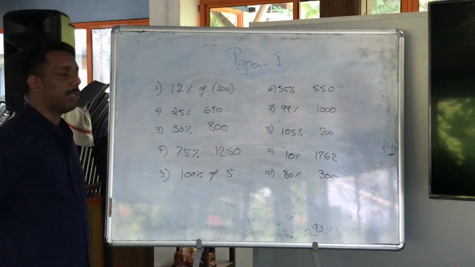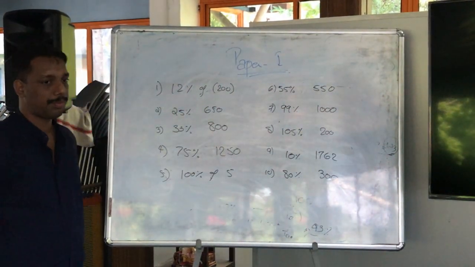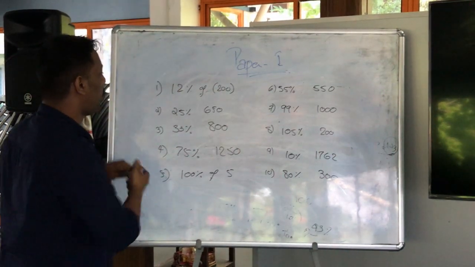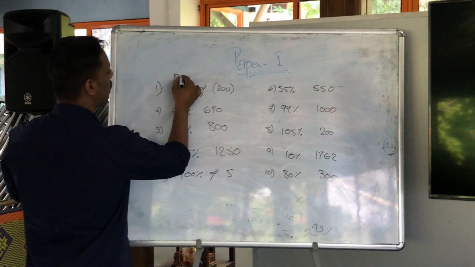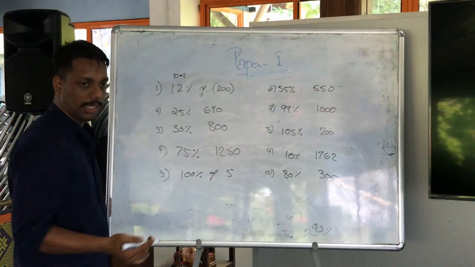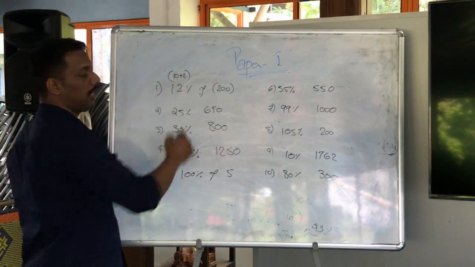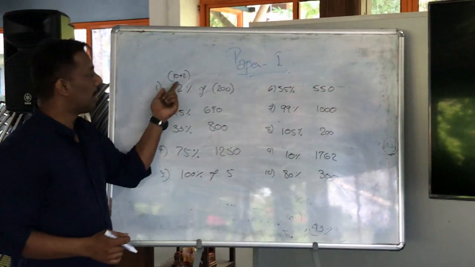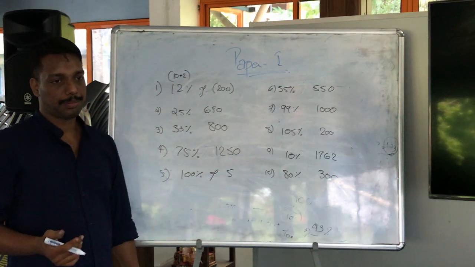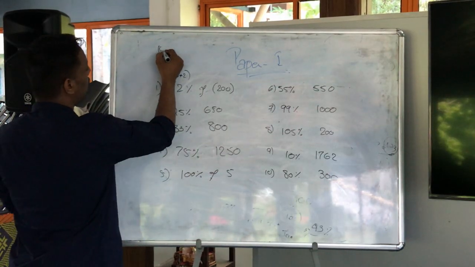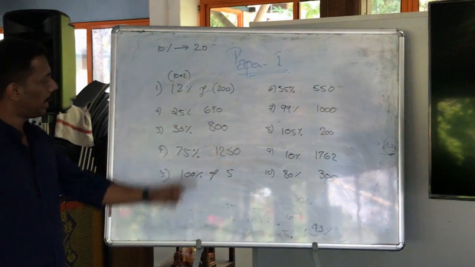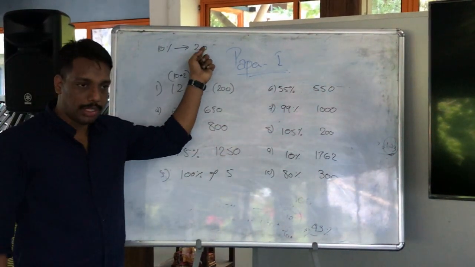How will you find 12 percentage of 200 first? You have to divide 12 percentage. It's nothing but 10 plus 2 percentage, right? What is 10 percentage of 200? 10 percentage of 200 is 20.